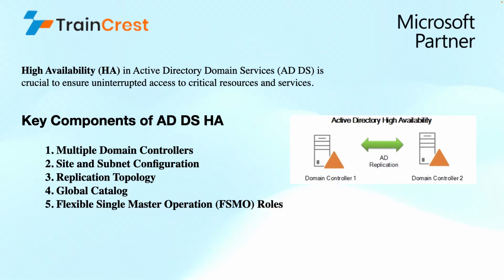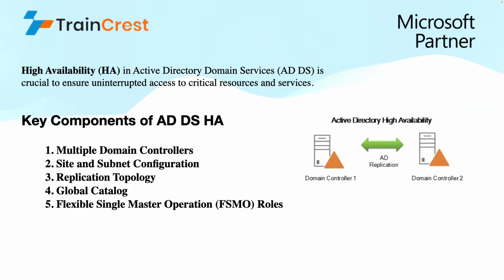Number five is flexible single master operation roles, FSMO roles. These FSMO roles are critical roles which define the role of a particular domain controller inside a domain. We must consider distributing these roles to different domain controllers rather than depending on a single domain controller.